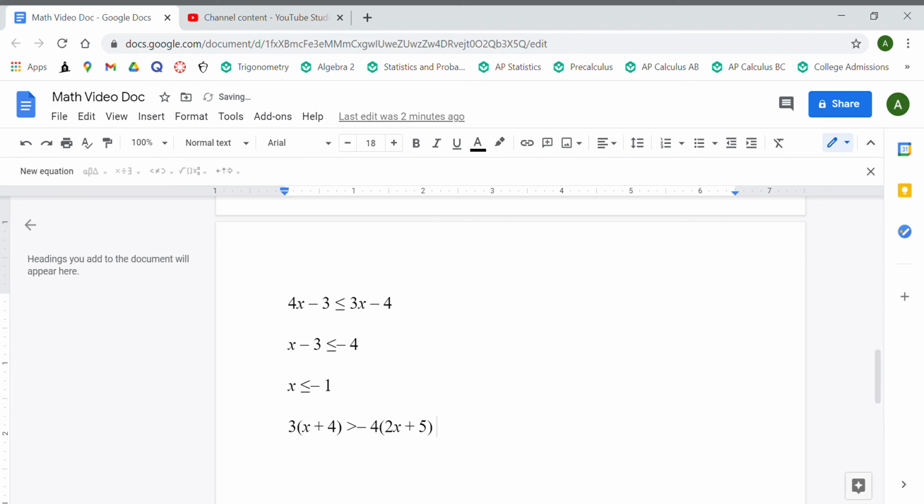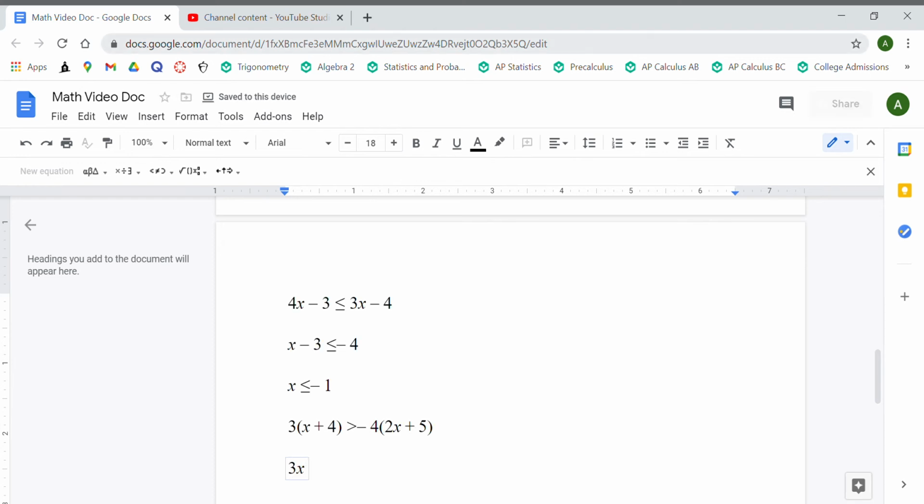Alright, so we need to use distributive property on two different sides of the equation, guys. I mean, inequality. Anyways, 3 times x is 3x. 3 times 4 equals 12. Greater than negative 4 times 2x is negative 8x.